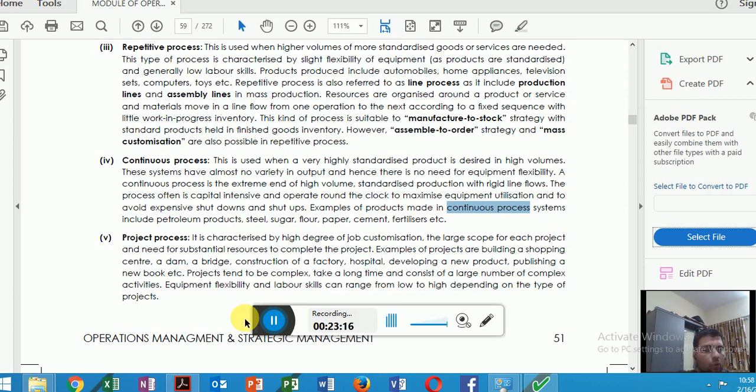One thing you have to understand here is that the continuous process requires a huge capital. It is a capital-intensive process, so a huge amount of capital is required, and the chances of losses are maximum under this process, because the company has to maintain the equilibrium.